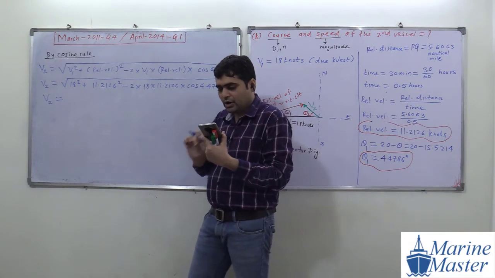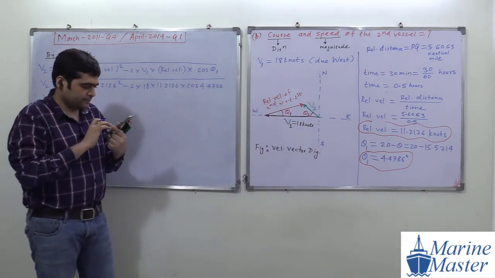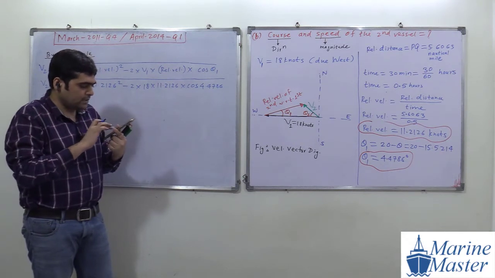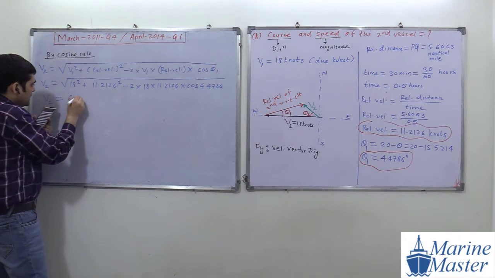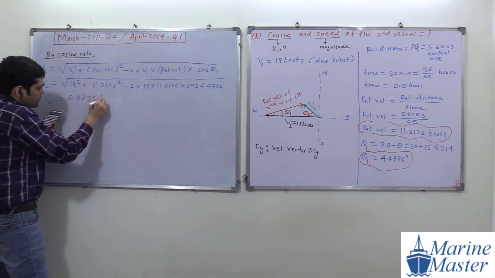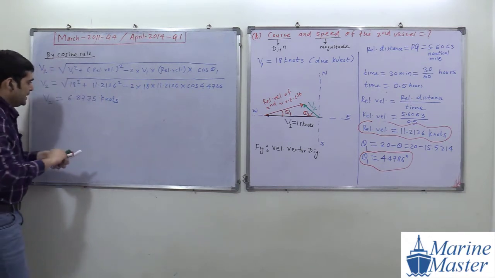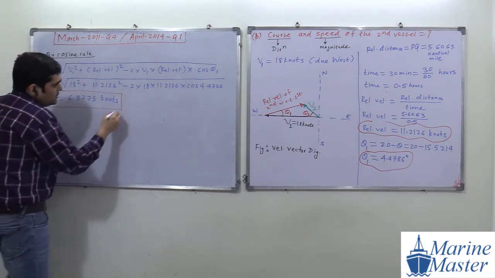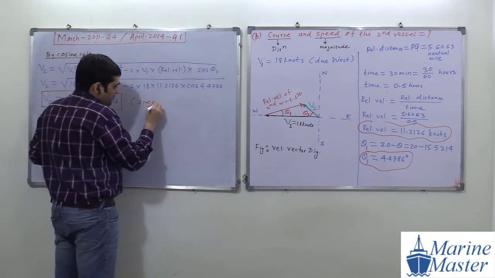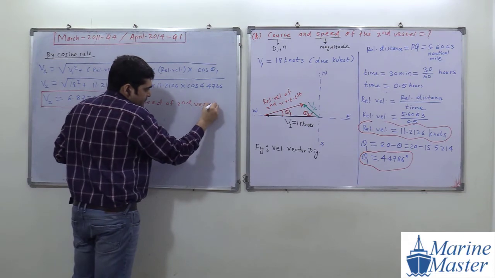How much value are we getting, everyone? 6.8775 knots. Okay, so this is one answer, that is the speed of the second vessel. Everyone got my point? This is our one answer.